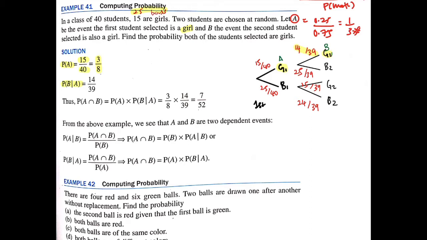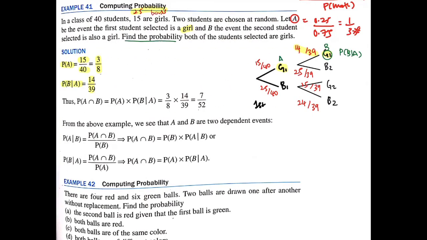So you can read this part here as the probability of B given A. This is the probability of B happening given that event A already happened. So this is a way to write it, probability of B given A. That's why you see here it is 14 over 39.